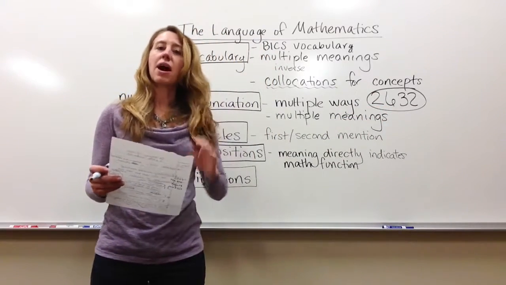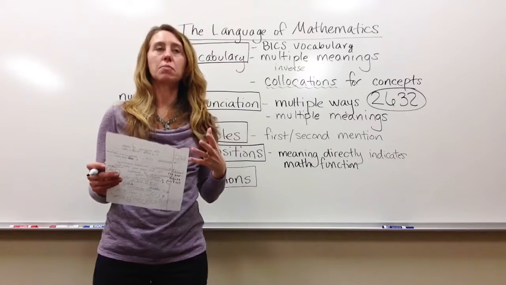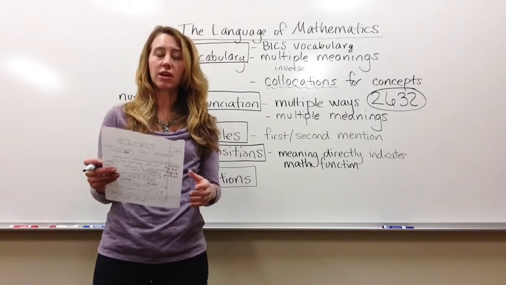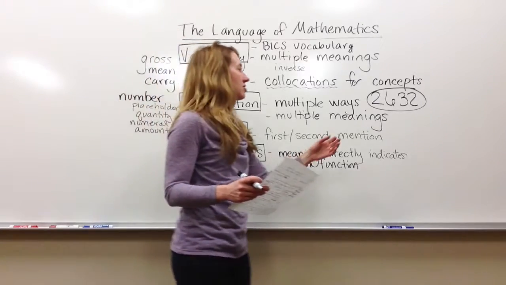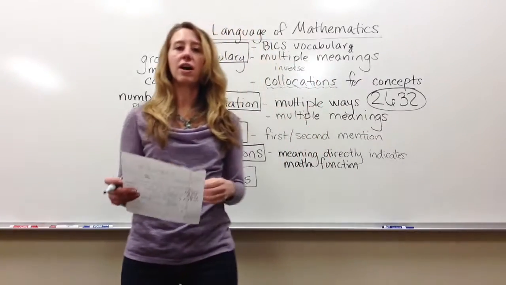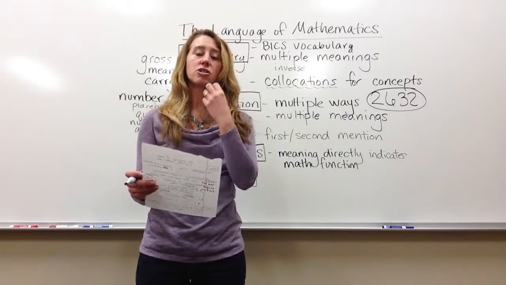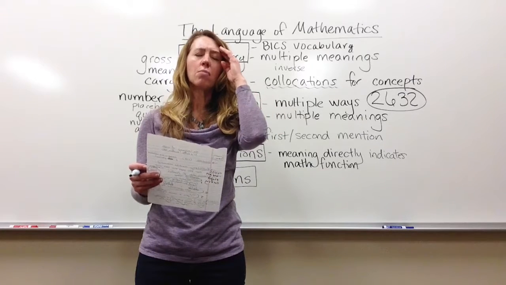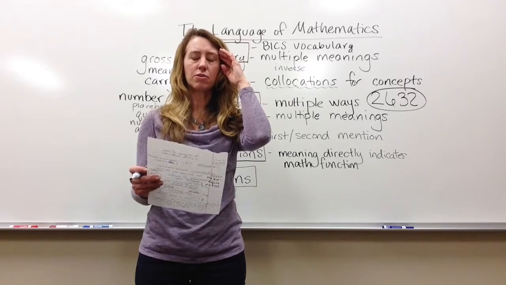And so I think it would be really important for you, with your class, including the English language learners, to come up with an agreed upon standard way that you refer to things so that when you're pronouncing numbers, students are more likely to get the right number in their head.